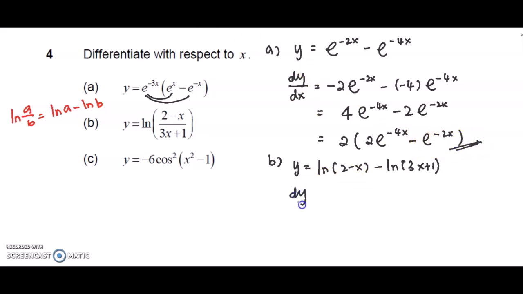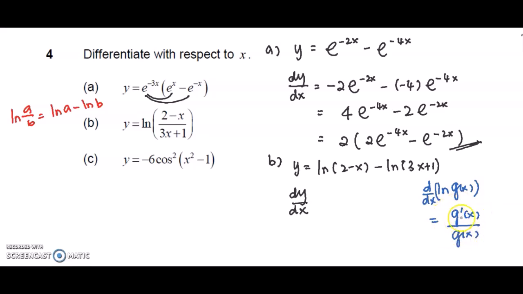Then I will start to differentiate. To differentiate this function, again, you must remember the formula to differentiate the log. For example, I need to differentiate log g(x). The formula is you differentiate the g(x) first, you get g'(x), and then divided by the g(x) itself.